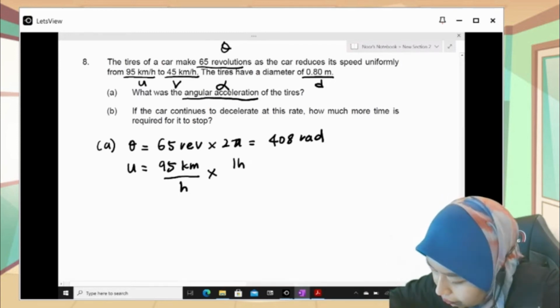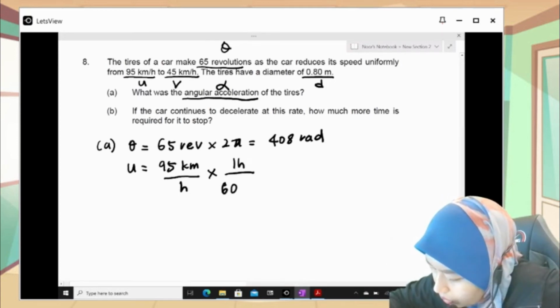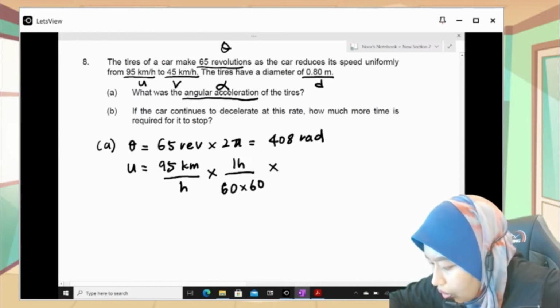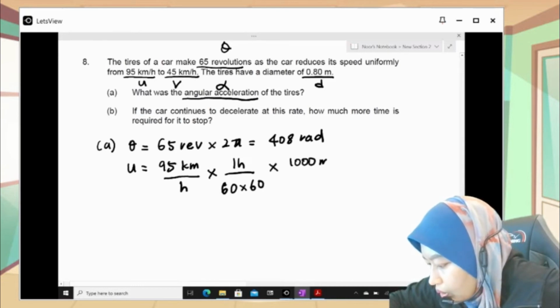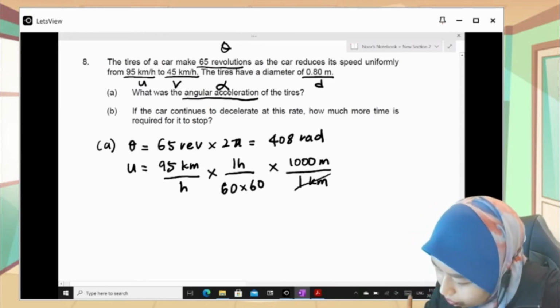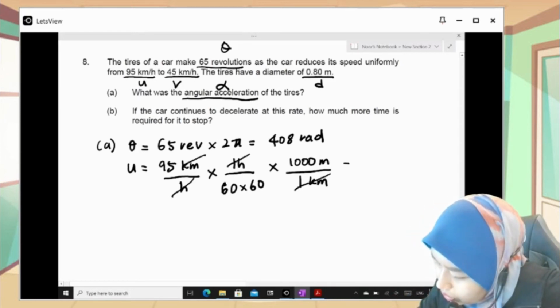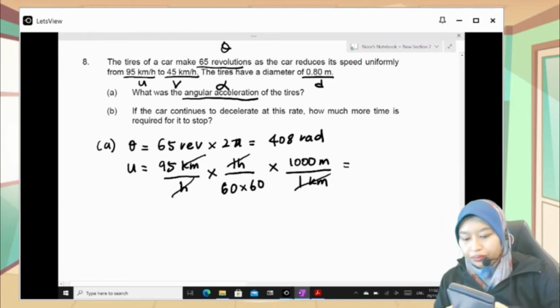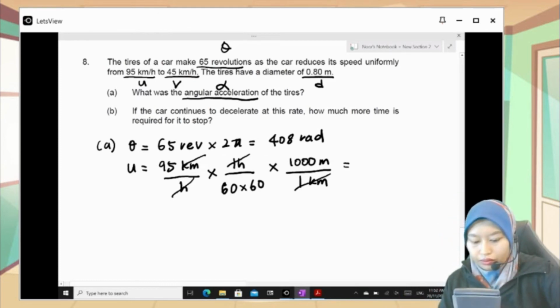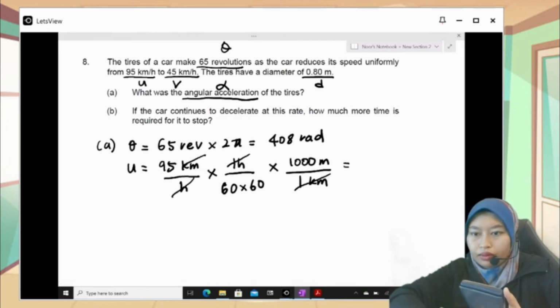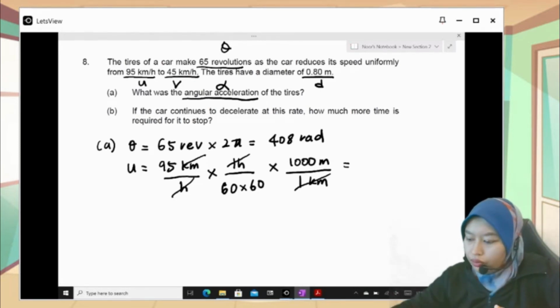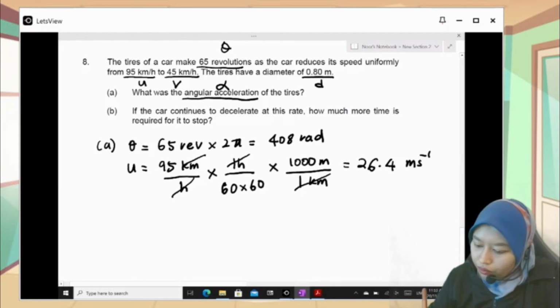So 1 hour, 60 times 60, times 1000 meter divided by 1 kilometer. So we can cancel out this one. Fine. Okay, so let's say it's 26.4 meter per second.